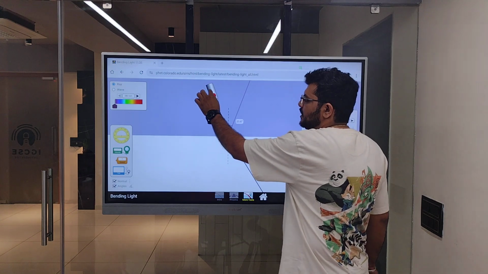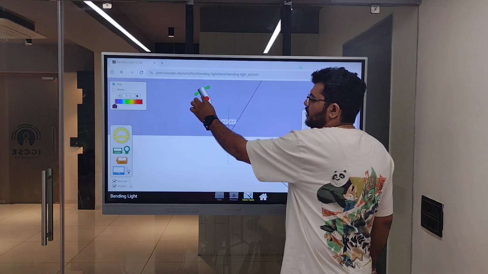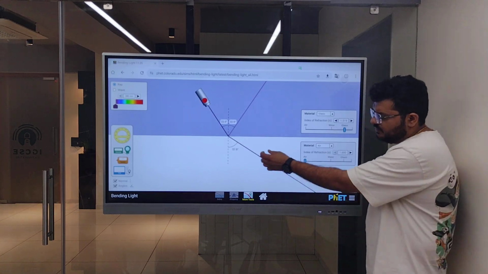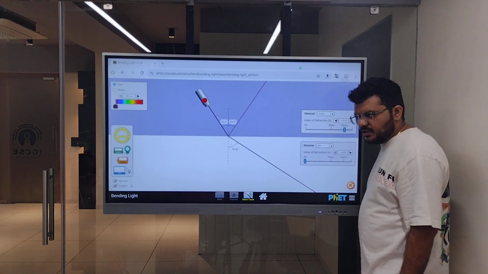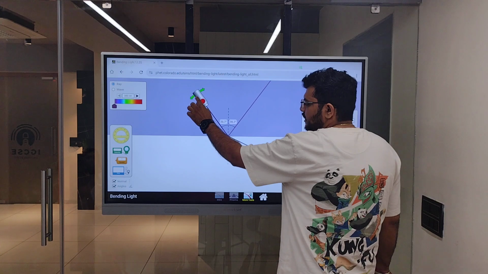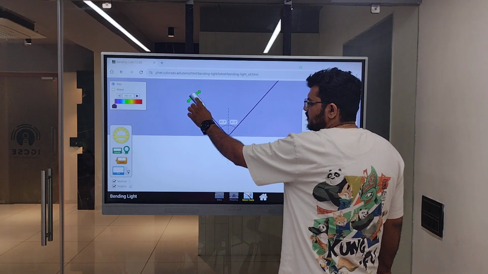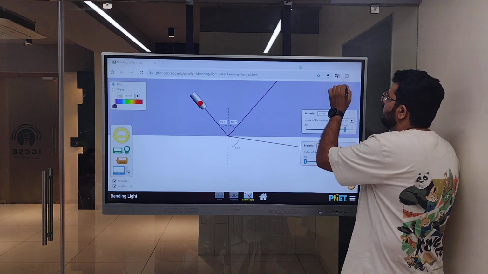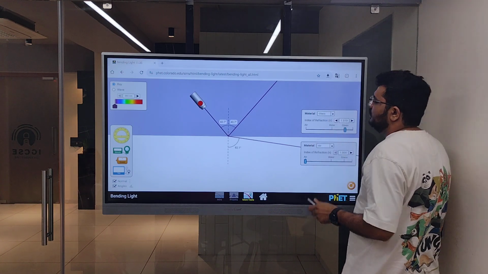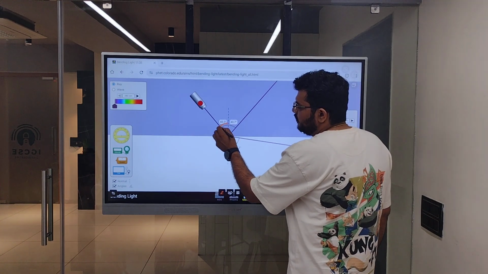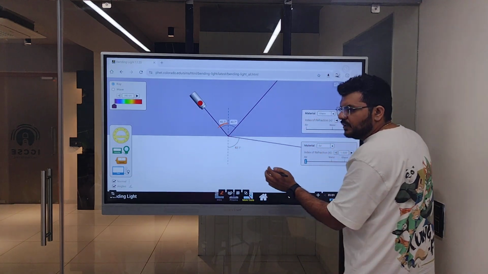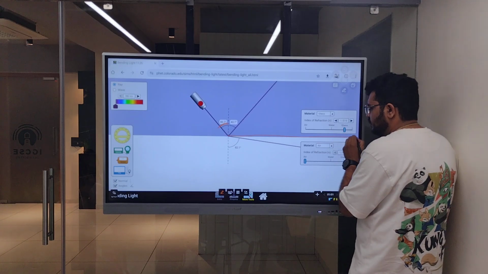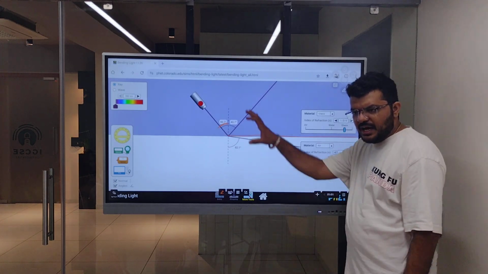Now let's see what happens if the angle of incidence is 33.9: the angle of refraction becomes nearly 60, है ना. If I go on increasing the angle of incidence, will there be an angle of refraction where this light goes so much away from the normal that it goes through the plane of separation, between glass and air?